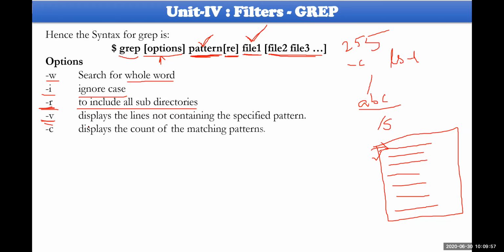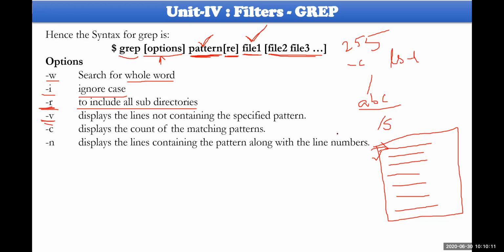Then -c gives you how many times the pattern exists within the file: 10 times, 4 times, 6 times, 20 times, something like that. The number is displayed. Then -n displays where exactly the pattern exists along with line numbers.